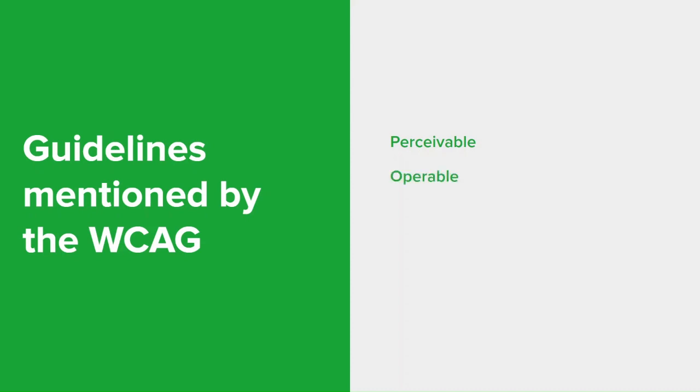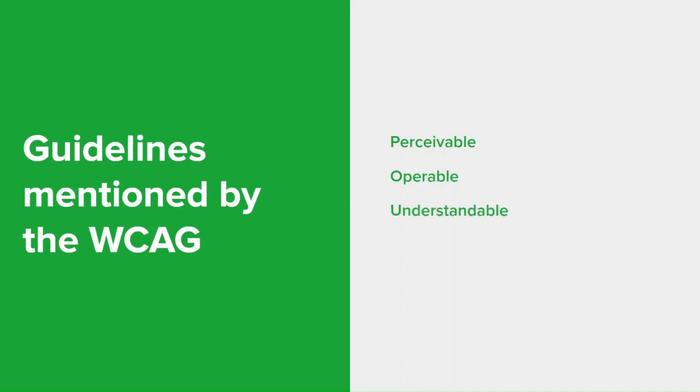You also want to make sure that content is operable, and by this it means making sure all functionality is available from a keyboard, providing users enough time to read and use content, not using content that causes seizures or physical discomfort, and providing ways to navigate, find content, and determine where they are.